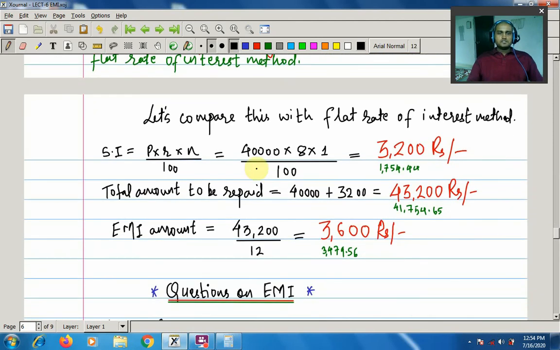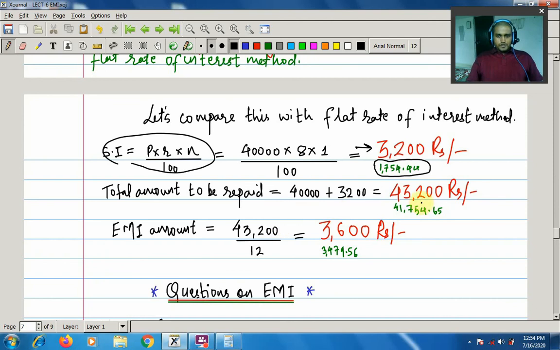So here is the comparison. Let's compare with the flat rate of interest. Interest is 3200. So this figure in green color is the interest paid in the reducing balance method. You can compare, there's a big difference, almost half.